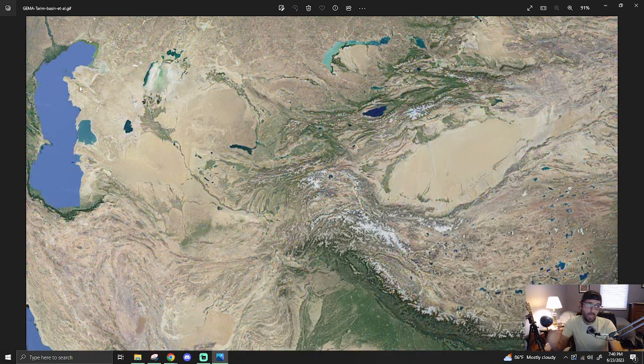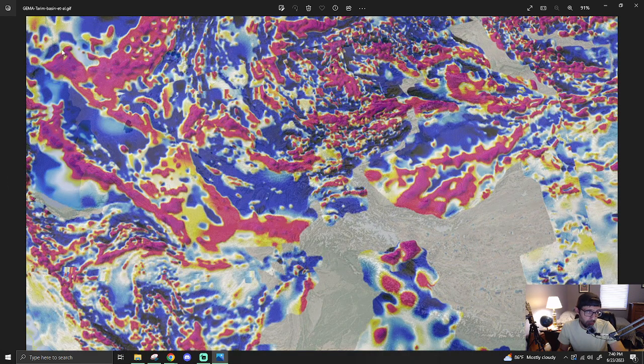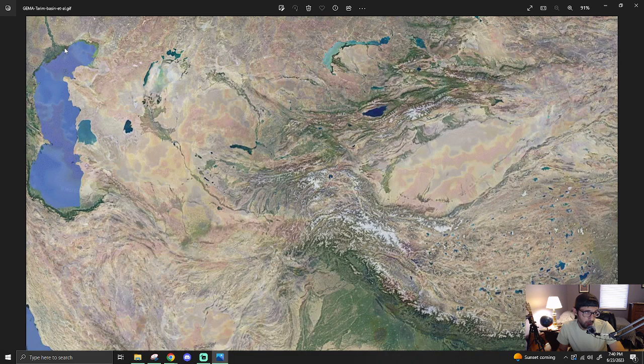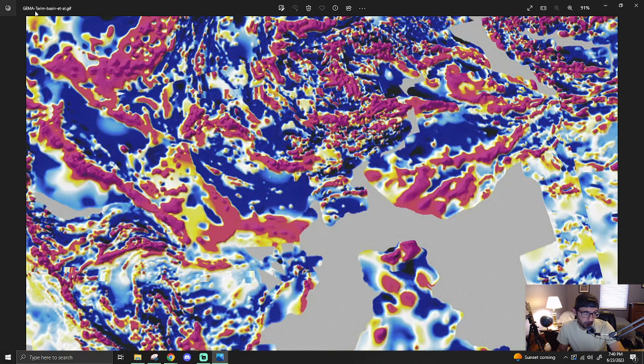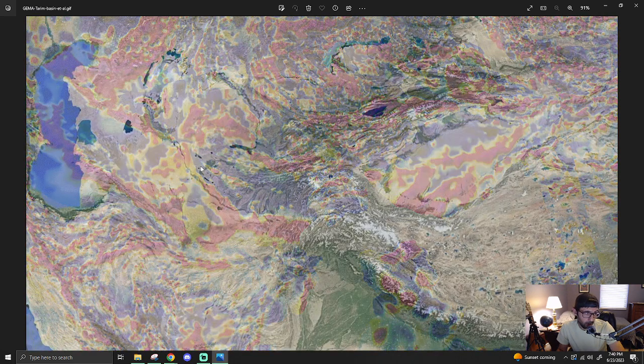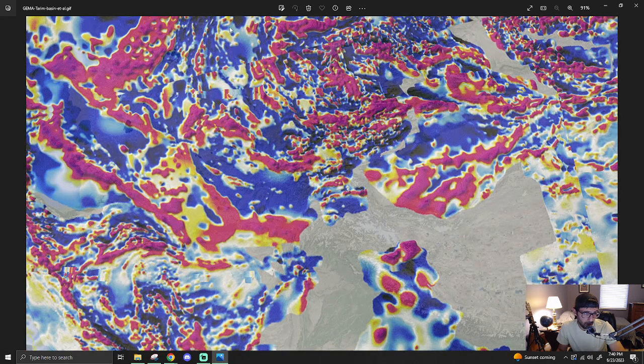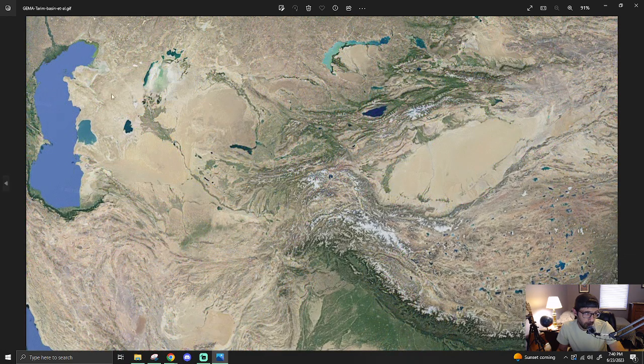So maybe right here it really ran into resistance, like another current coming this way ran into whatever was encouraging this that way, like a current wrapping around here.